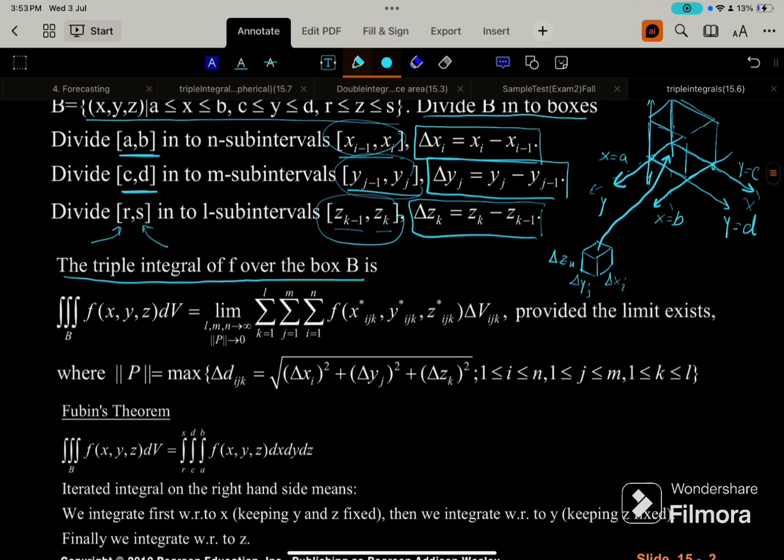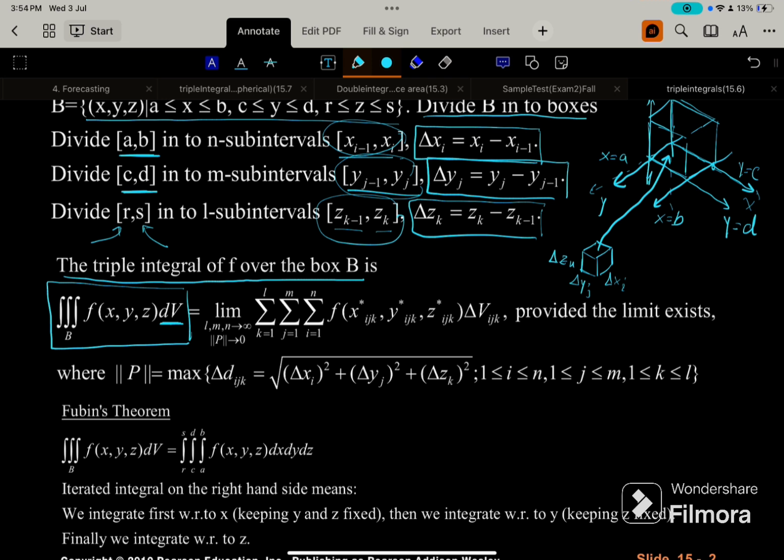And so this is basically our triple integral. As the name suggests, it has three integrals, and the function could be in the x, y, and z space, and we integrate over dV, which is a very small volume part.